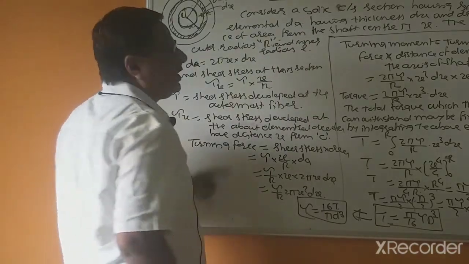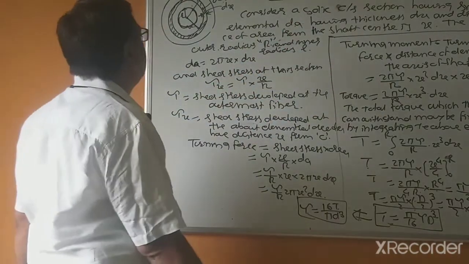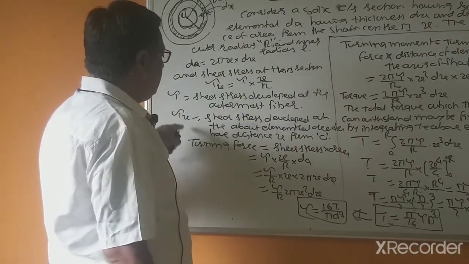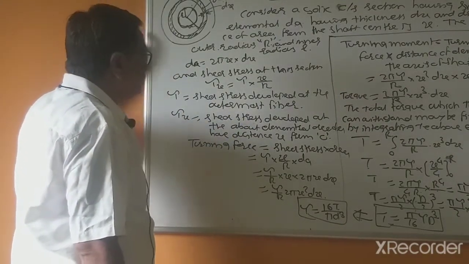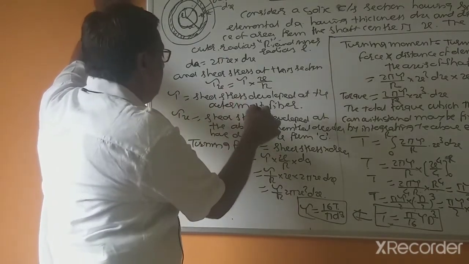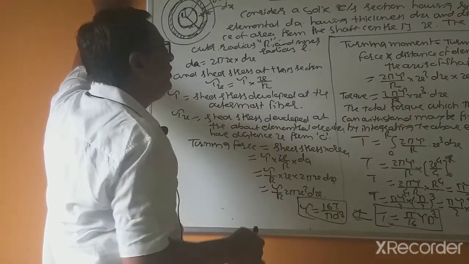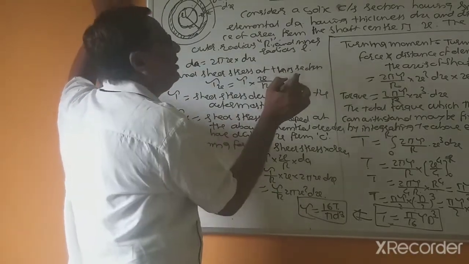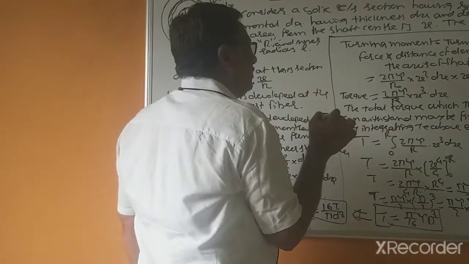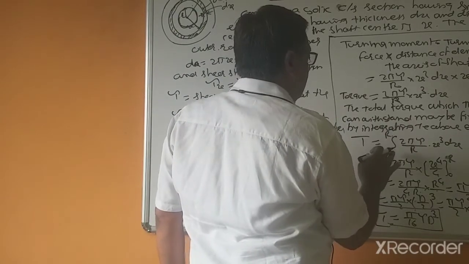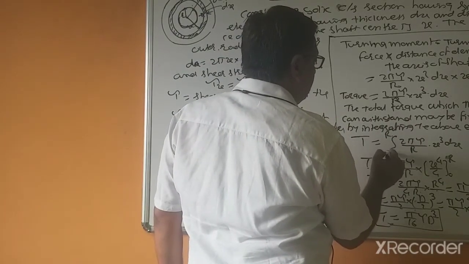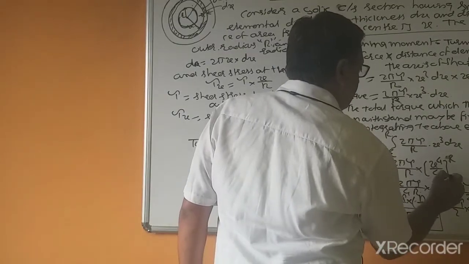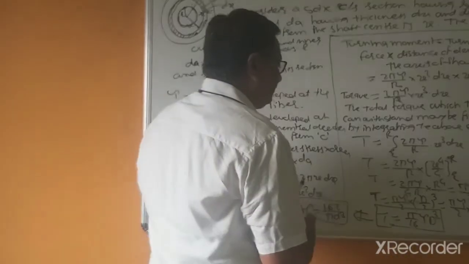So for the hollow shaft, we use the same relation, tau equals the same. The only change is in the turning moment integration, where instead of 0, the limits are now from small r to capital R.